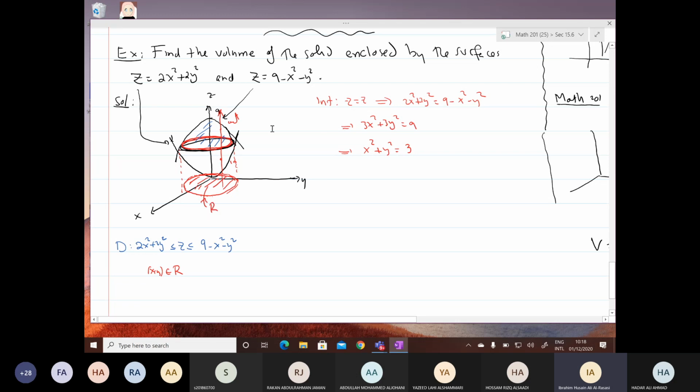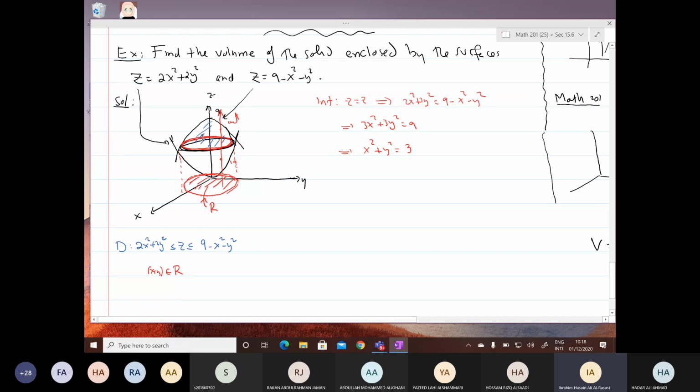So you find the intersection. It will be a circle in some floor, second floor, third floor. Here it is not important, but this is the intersection. Bring this circle, the intersection, down to the floor. So this is R. Now, if you take any point x, y, z in the solid and bring that point to the xy plane, it will be inside the disk, inside the circle.